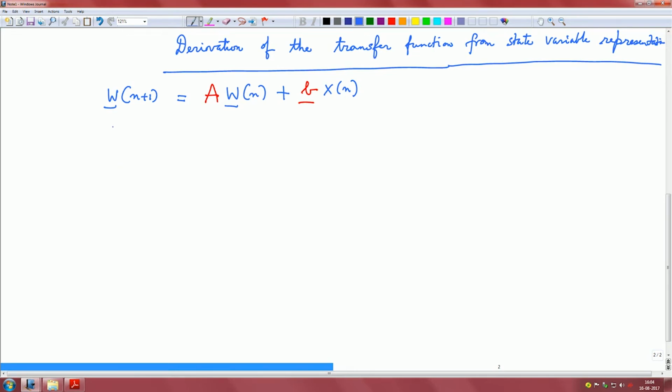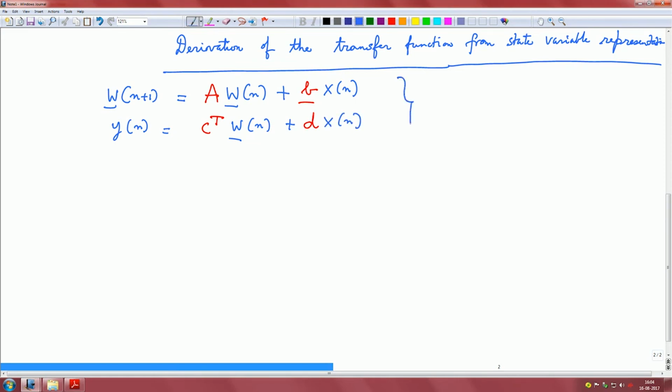Then we have the output y of n, which is basically C transpose Wn plus D times x of n.